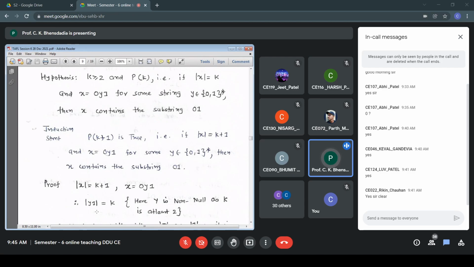So if you remove 0, then the remaining string is y1. Total length is k plus 1, 0 then y1. So length of y1 is k and length of 0 we know is 1. So length of y1 equal to k, that is observation number 1.